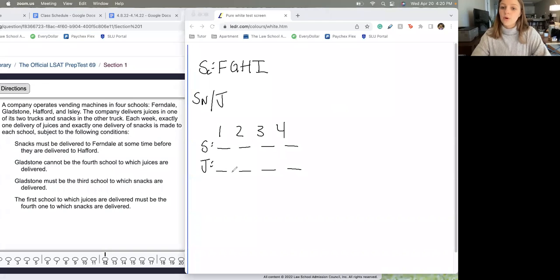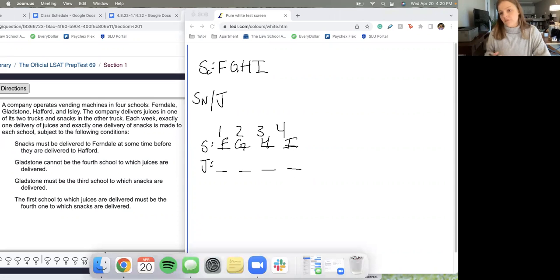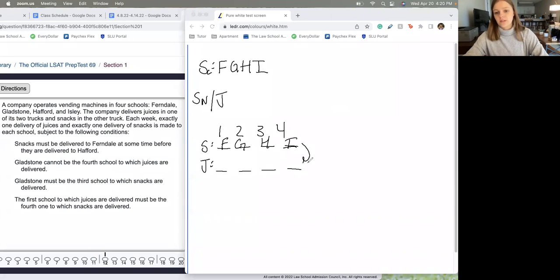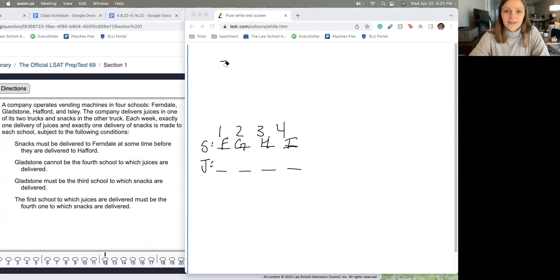So for instance, when I'm putting my variables down, let's say we have F, G, H, and I know that F is delivered first for snacks, G is delivered second for snacks, and then we'll do the same thing down here. So we'll use our variables twice basically, but not in the sense that they are connected in any way, if that makes sense. So school for juice, school for snacks are the same thing. I think I'm just making it more difficult and complicated, so I'm just going to stop talking.